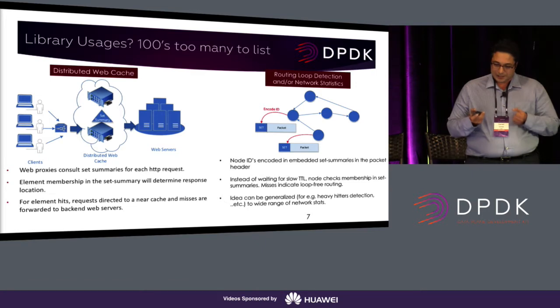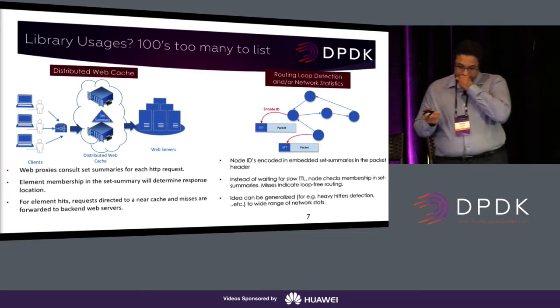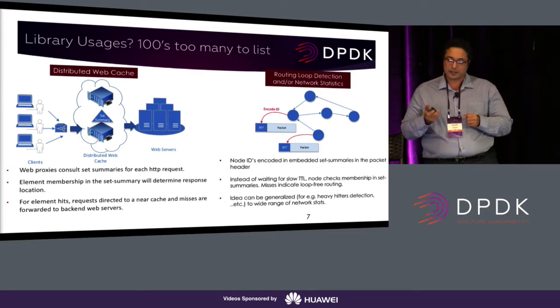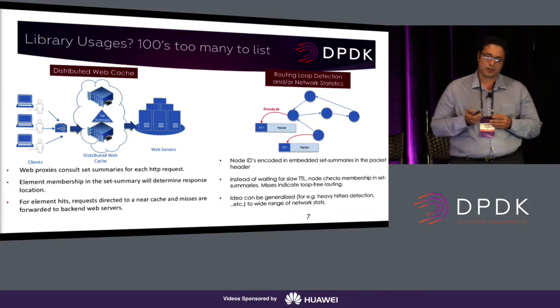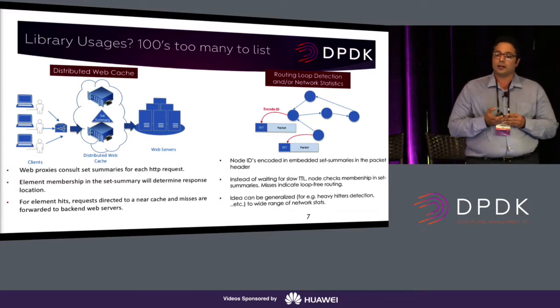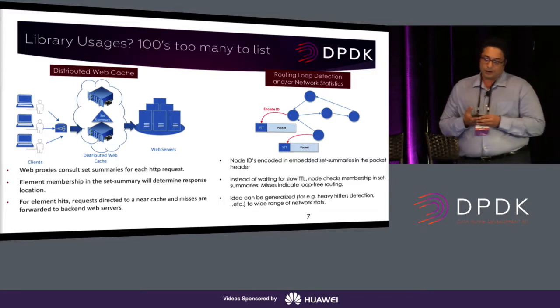Some of the examples are listed here. Interested users can also go to the online guide, which has more examples about how to use the membership library and which mode to use when.